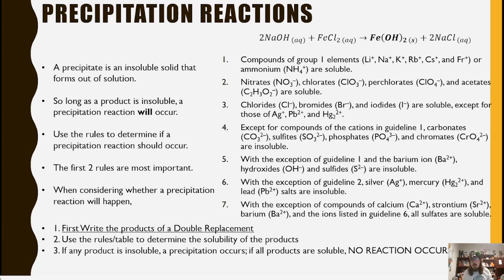So sulfate dissolves except for calcium sulfate, strontium sulfate, barium sulfate, lead sulfate, silver sulfate, mercury sulfate. You might recognize lead sulfate if you know anything about batteries. That is the salt that forms in your car when you let it discharge too long. Of course, we use oxidation reduction to turn that back into solution. So that's not quite the same thing.